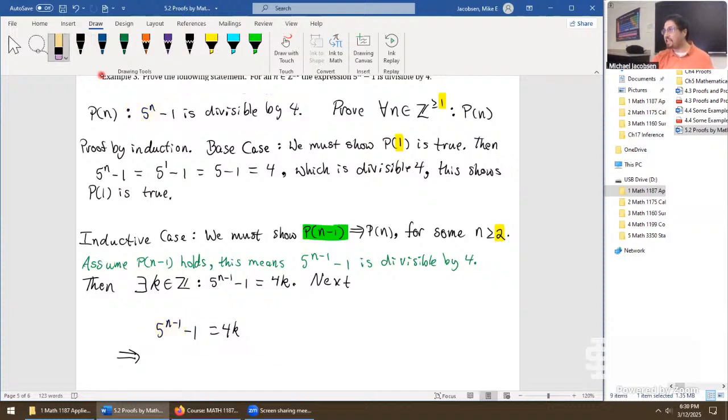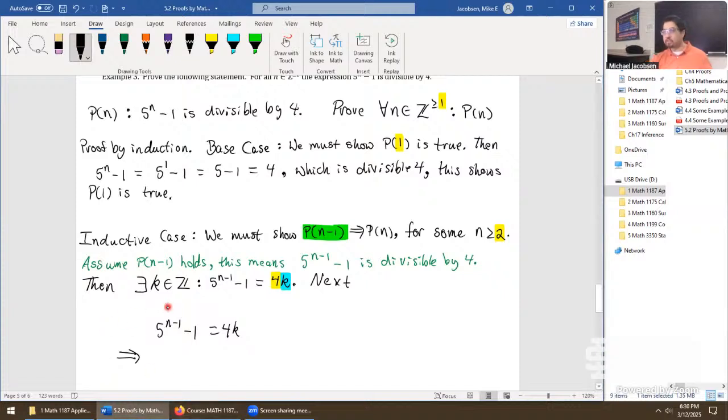Our goal now is to place some integer in this spot multiplied by 4. Let's even highlight the 4 there. The value that's in place of k in blue might be a lot more complicated, but if you can convince yourself it's an integer, we're home free. So let's take that step.